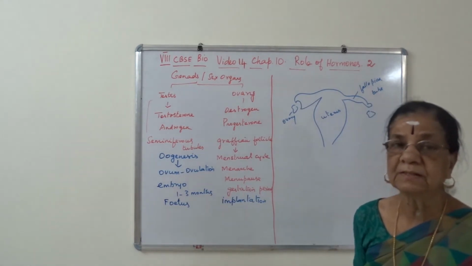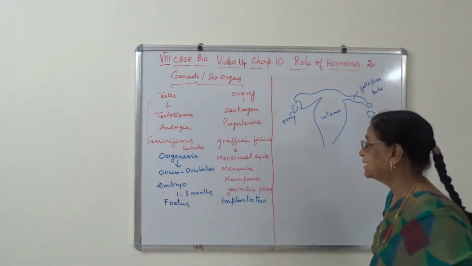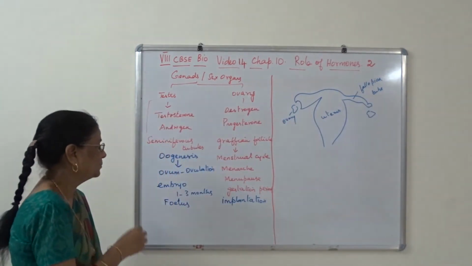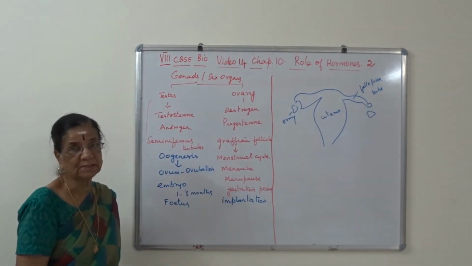Now one more thing. This Graafian follicle is releasing the ovum by the process ovulation. Is it not?